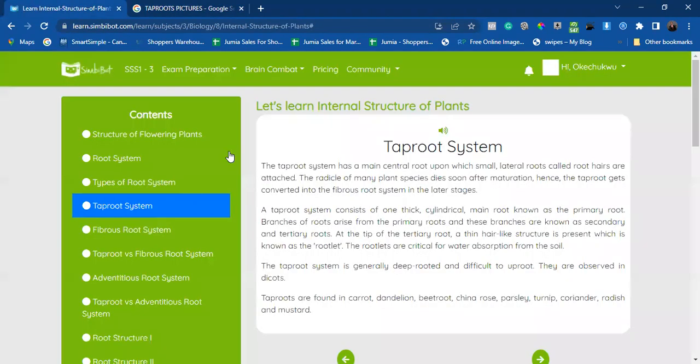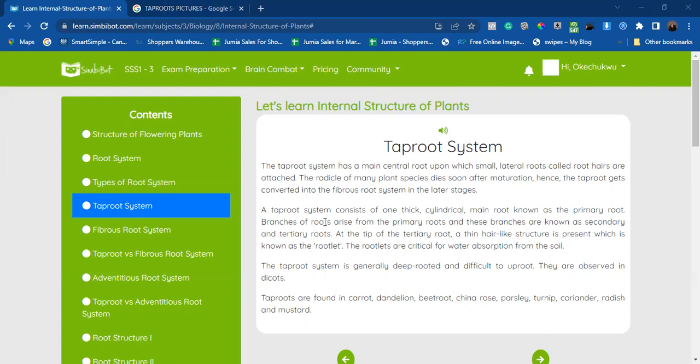A taproot system consists of one thick cylindrical main root known as the primary root. In the previous picture, we noted that there is the primary root and the secondary root. The primary root is the major root, while the secondary roots are the extensions that come out of the primary root.